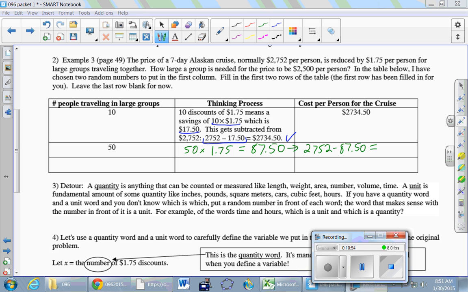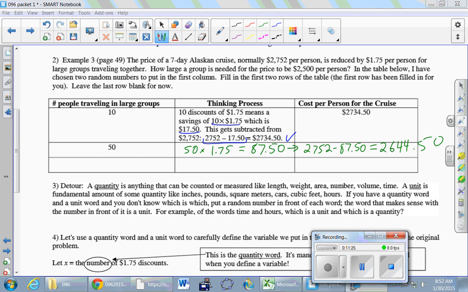Anybody have that number for us? I think it's got to end in a 50. Is this the right number? Oh, sorry, I put that as 8. Yeah, you're right. I put 2644. Anybody else get that? What'd you get? Oh, okay. Anybody else have a final answer that is either the same or different?